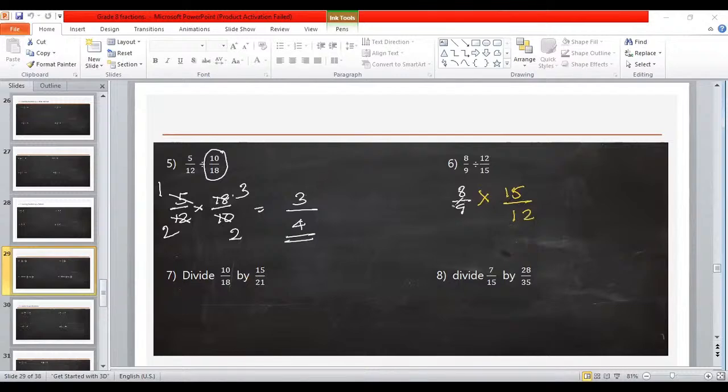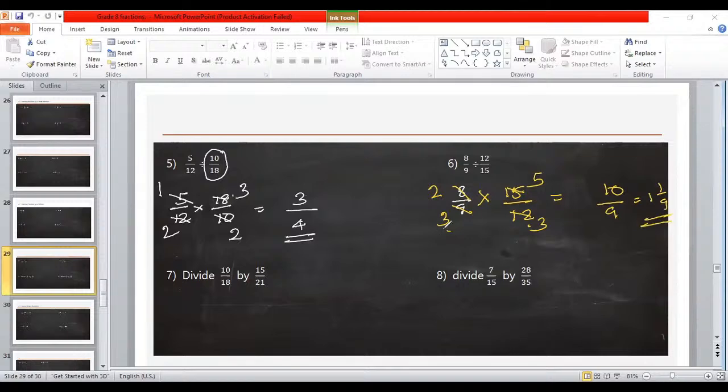How many 3's are here? 3. This is divisible by 3, 5. And here how many 4's are here? 2. How many 4's are here? 3. Any more, it is not simplifying. We can write here 2 times 5, 10. 3 times 3, 9. Answer is 1 and 1 over 9.